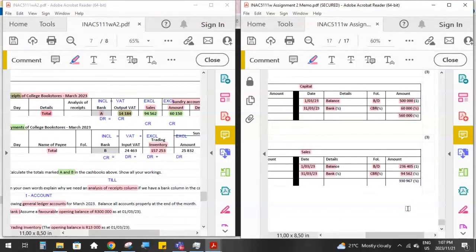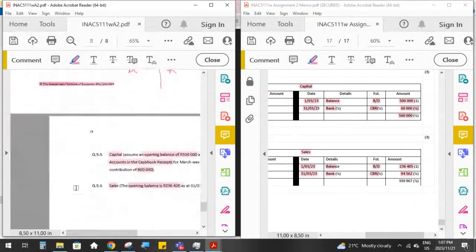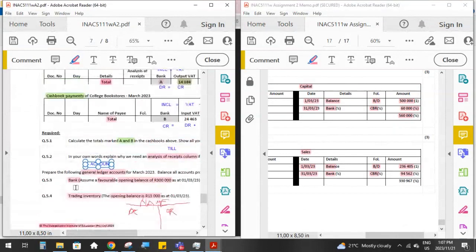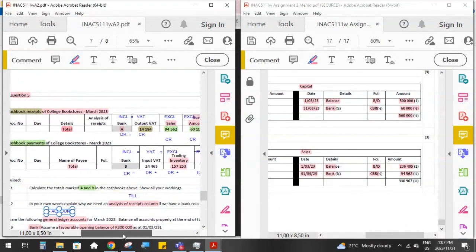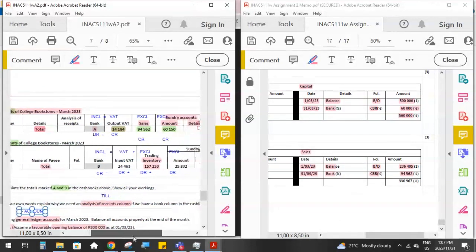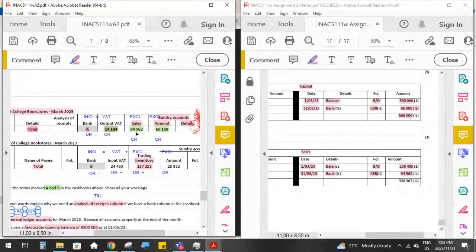Okay. If you are a bit confused about why we are debiting bank with 94,562 and not the full amount, this 94,562 is the excluding VAT amount. I am debiting bank, crediting sales with 94,562.